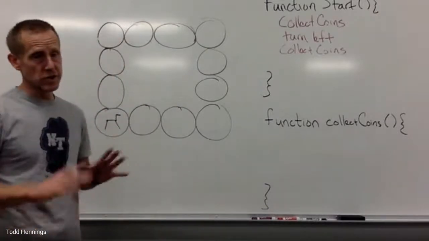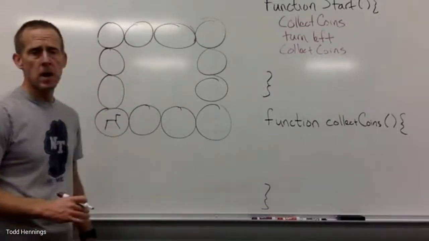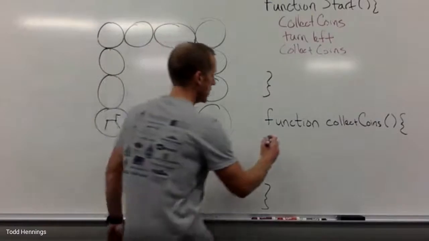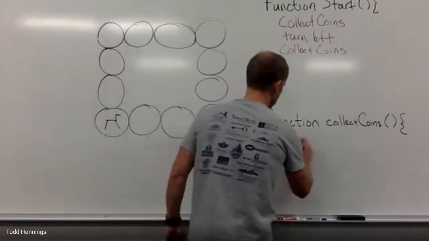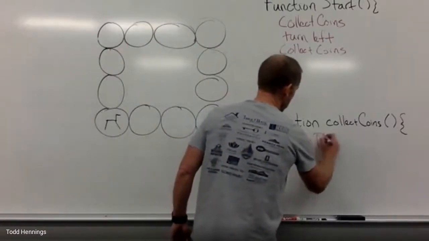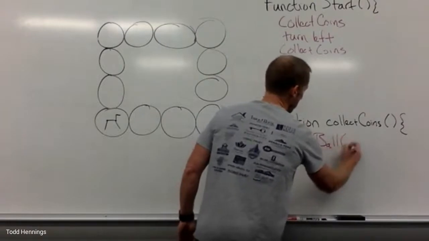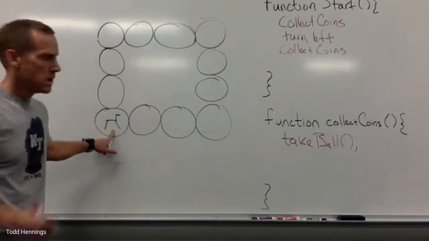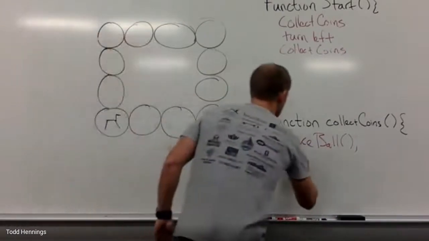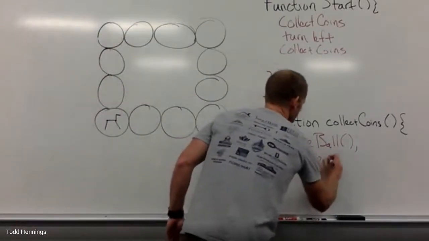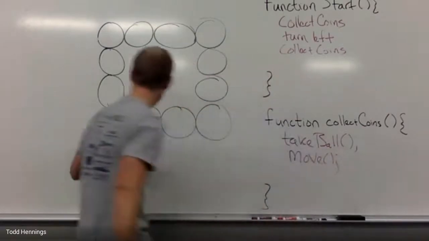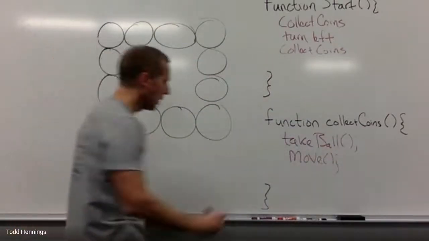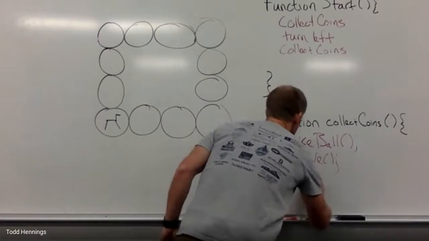And what do I want it to do? Again, this is just an example. You might have to tweak it, but I might want it to take ball, then take that ball and move. Here, take ball, and I think you get the idea.